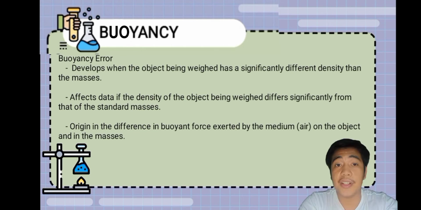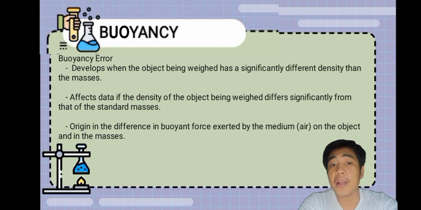This error is less than 0.1% for objects that have a density of 2 grams per cubic meter or greater. So, it is seldom necessary to correct the masses of most solids.